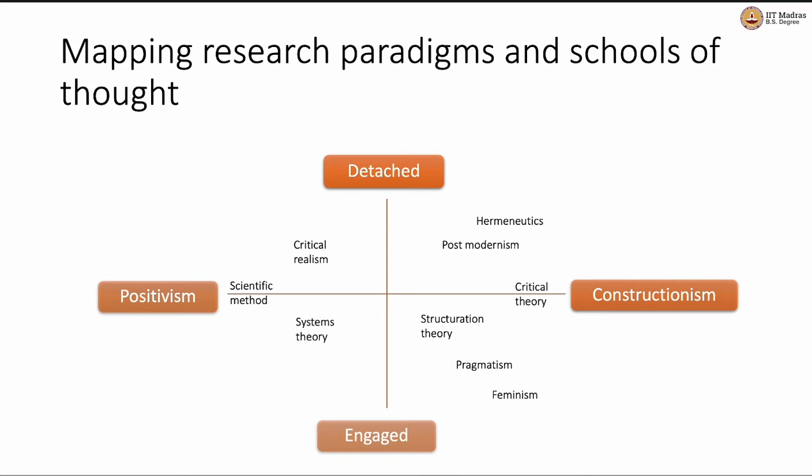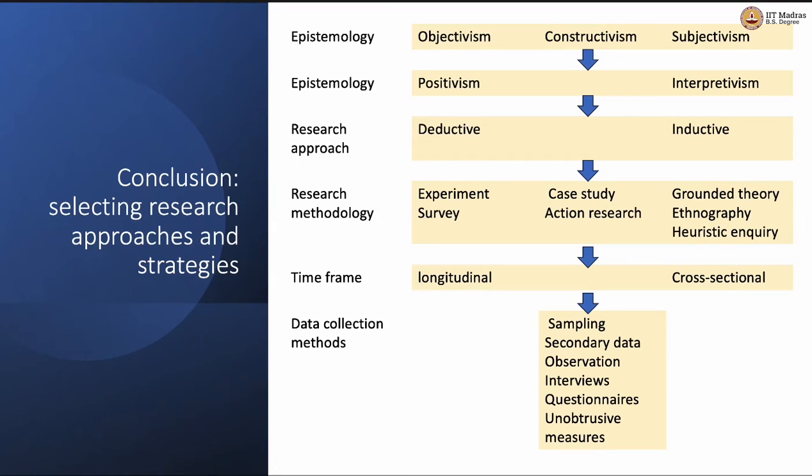But I give you a simple conclusion on selecting a research approach and strategy, as some ideas for you to consider. Based on what we mentioned about epistemology, we have objectivism, constructionism, and subjectivism. Objectivism relates to positivism, and subjectivism can relate to interpretivism.